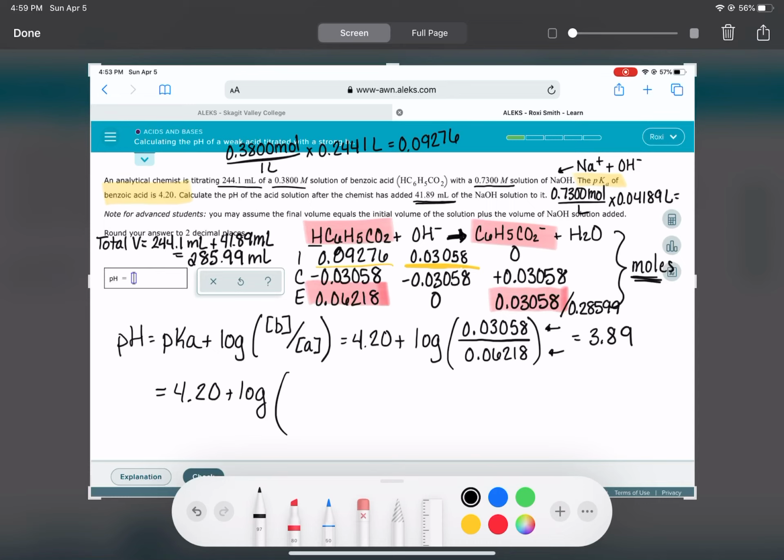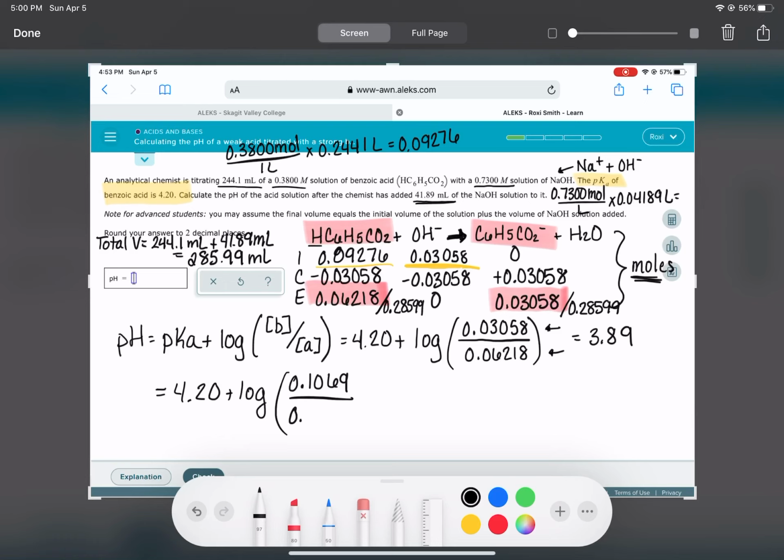So our base molarity is 0.03058 divided by 0.28599, 0.1069. And our acid concentration is going to be the moles divided by that same total volume, 0.28599, 0.06218 divided by 0.28599.